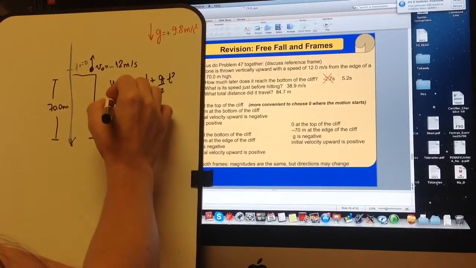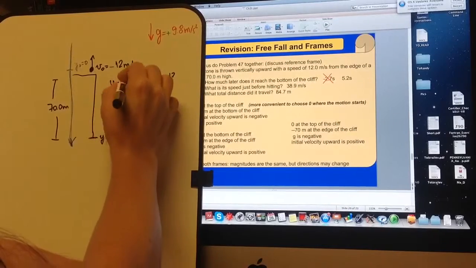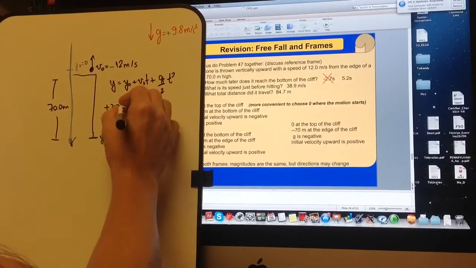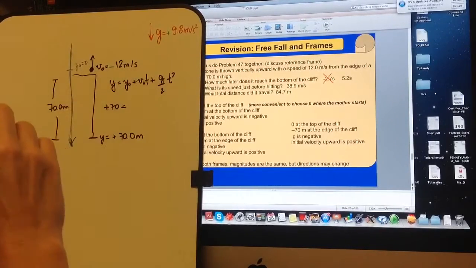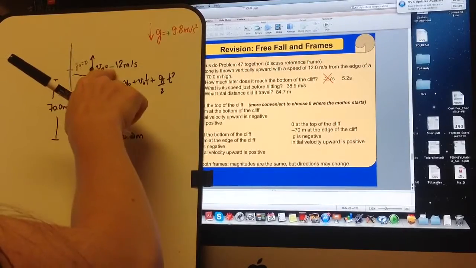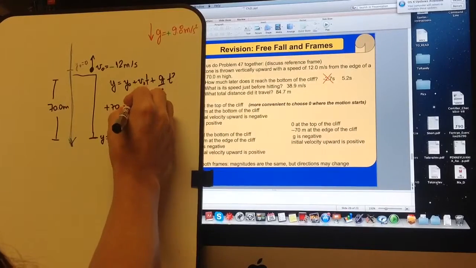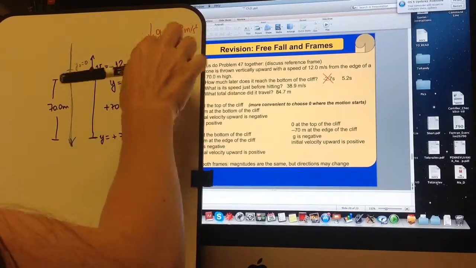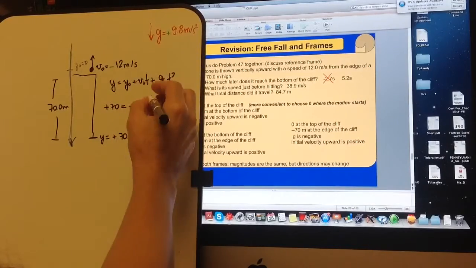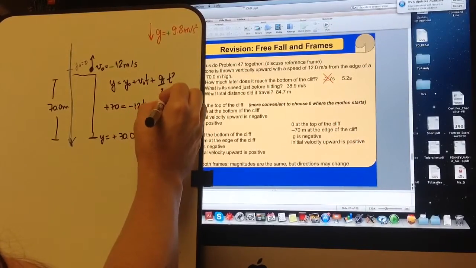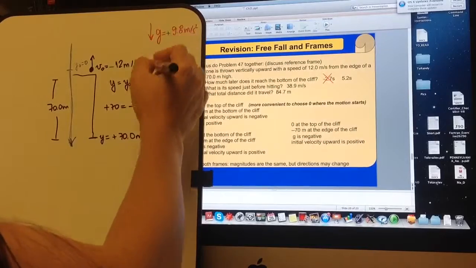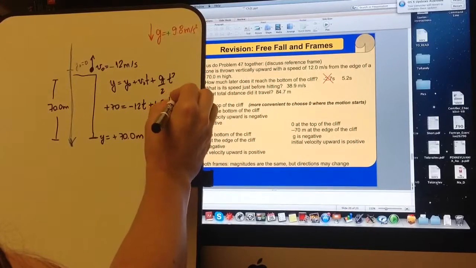What is the final position? Plus 70. What is the initial position? 0, so I'm not going to write it. What is the initial velocity? That one exists and it's negative. It's opposite to my frame, so minus 12t. What is g? 9.8. 9.8 divided by 2 is 4.9. It is positive because g is positive, times t squared.